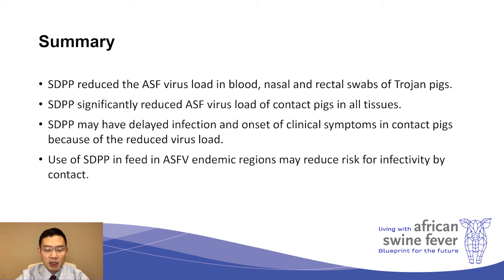And also we see that by feeding this spray-dried plasma, it can delay the onset of clinical symptoms in the contact pigs. Really, this study supports our concept about the dietary role in helping pigs not get infected or reduce the risk of infectivity.